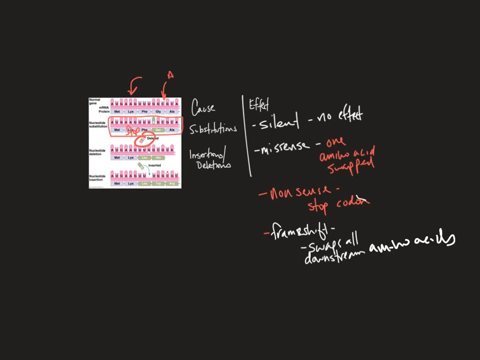If it's a multiple of 3, it would just add a few amino acids if it's an insertion, and if it is a deletion, it would remove a few amino acids. But it won't shift everything. So frame shifts are the most impactful of the mutations.